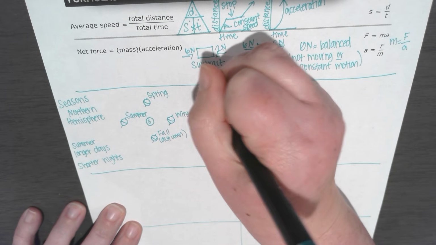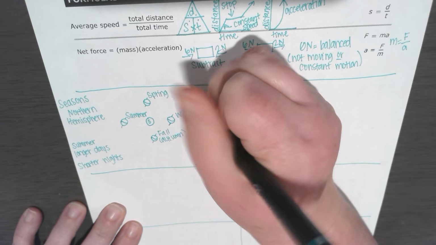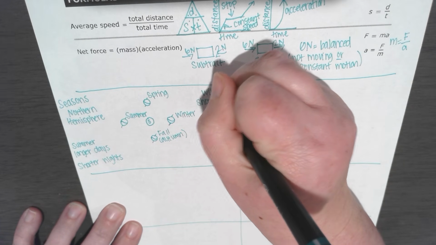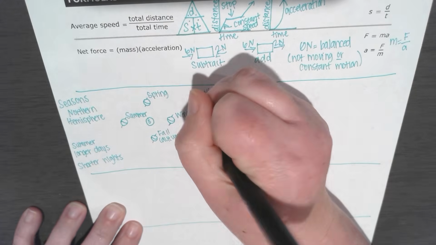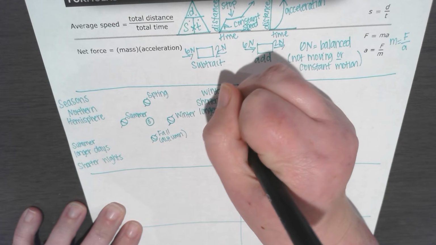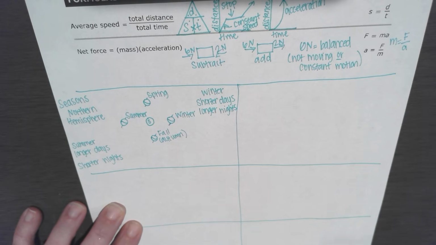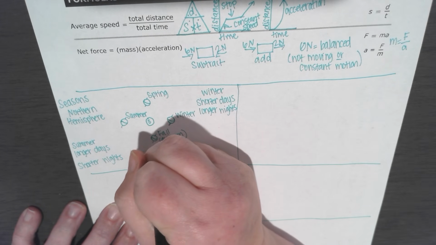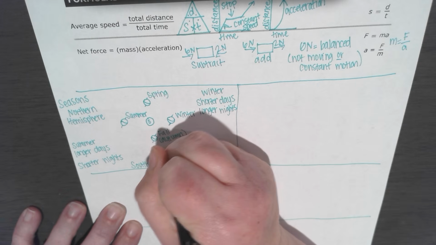And in the winter, we have shorter days, so we have shorter sunlight. And we have longer nights. And then the southern hemisphere, so Australia, Argentina, the southern hemisphere is opposite.